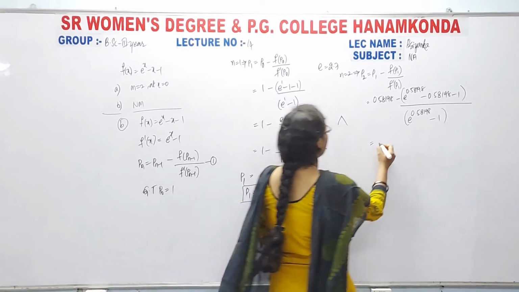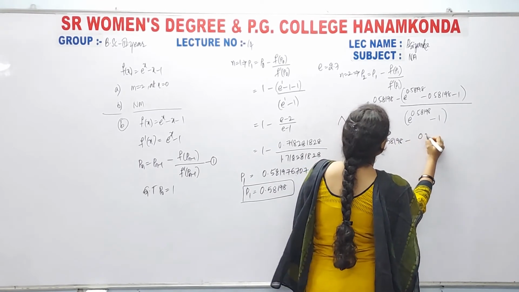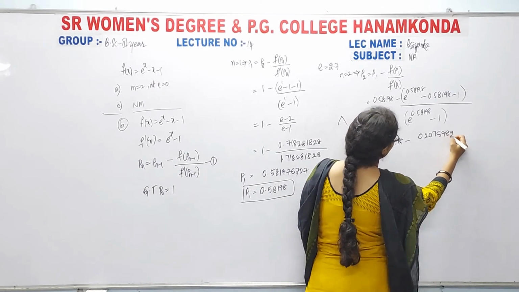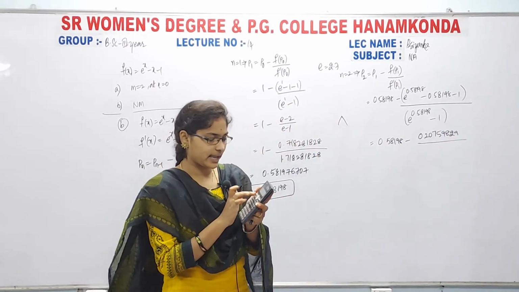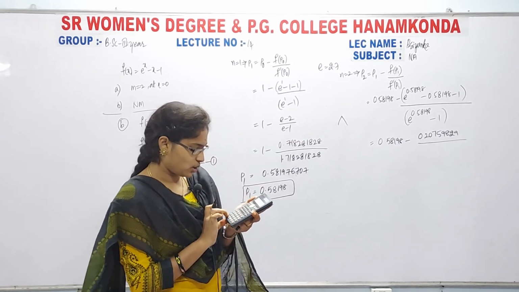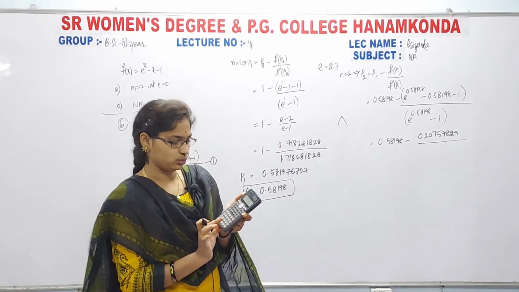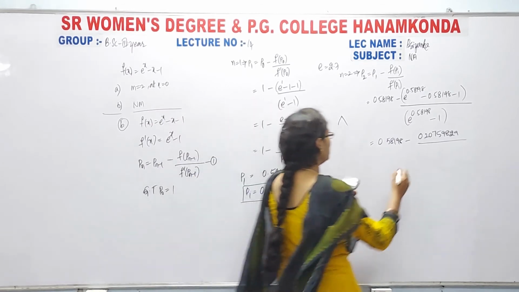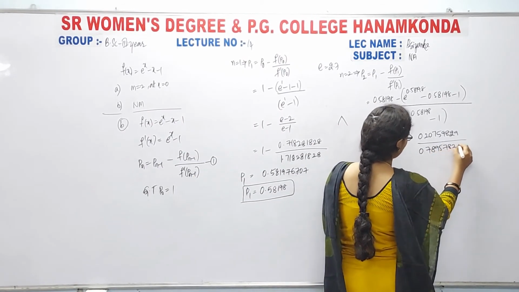So totally I have 0.58198 minus 0.20759829 whole divided by, again, alpha ln power 0.58198 equal to, minus 1. Then we have 0.78957829.